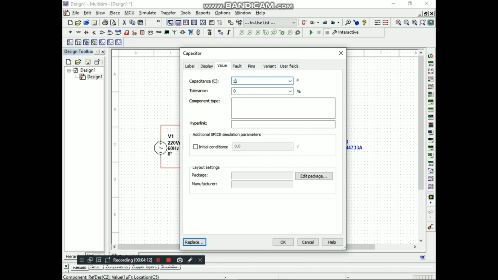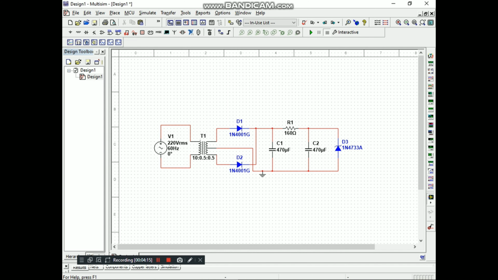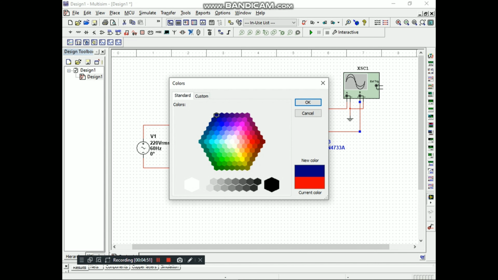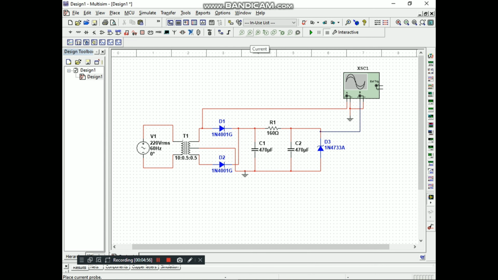Now that we have completed the four sub-blocks of the diagram, we will connect all the components and change the values. Here, I use an oscilloscope to see the waveform output signal of my circuit. I also use a probe to check if I achieve my desired DC output voltage, which is 5.1 volts.